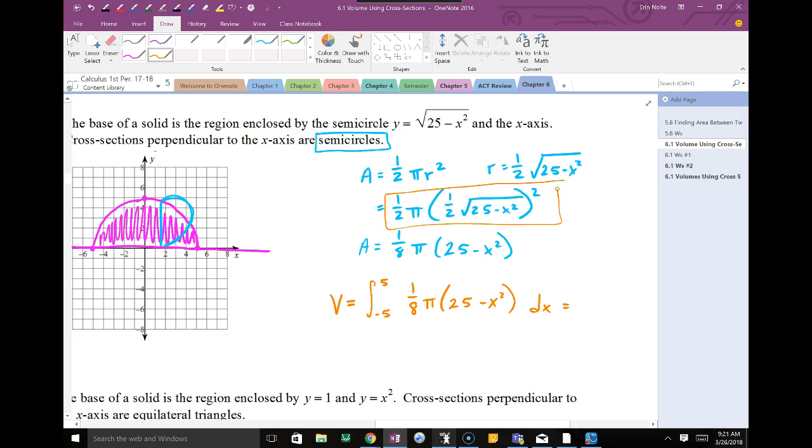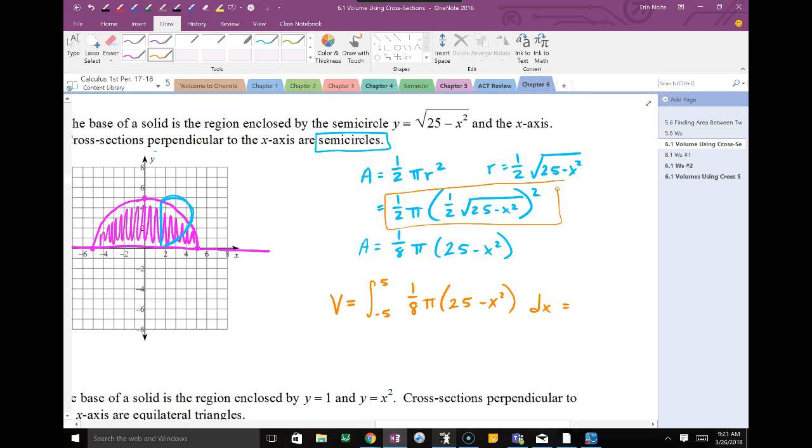Which half are we on? This one? Do you understand why I have the half? Okay. So if you look at the semicircle, imagine that I have this semicircle placed on here. The area for a semicircle is 1/2 pi r squared, the radius, right?